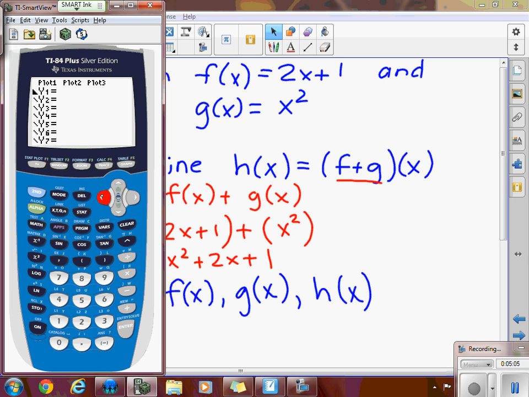So we're going to sketch the three functions. 2x plus 1, we'll put in y1. Then the next one is x squared. And the last one is the two things added together: x squared plus 2x plus 1.